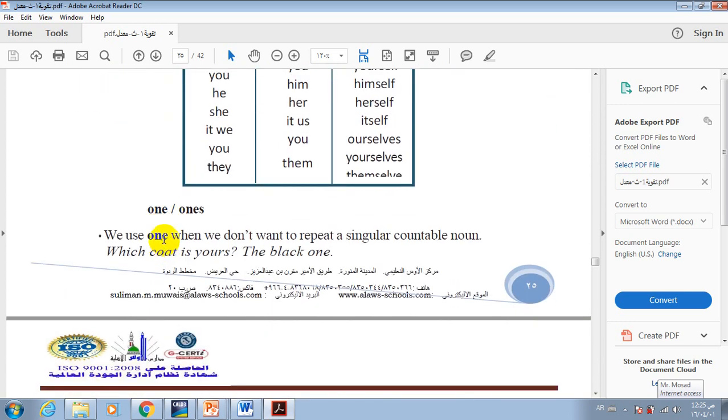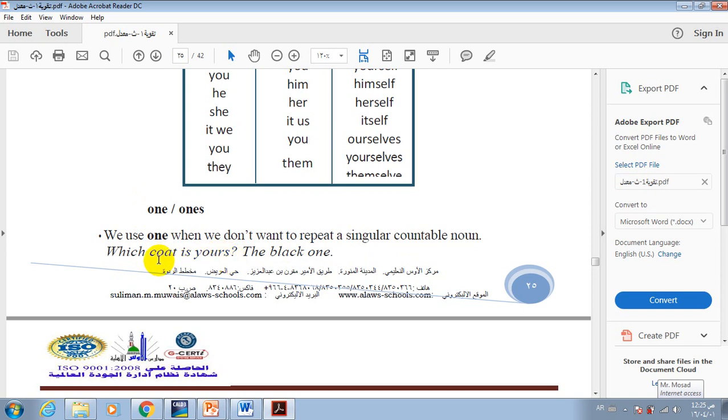Okay, there are two pronouns, one or ones. We use one when we don't want to repeat singular countable nouns. Like you see in the example, which coat is yours?